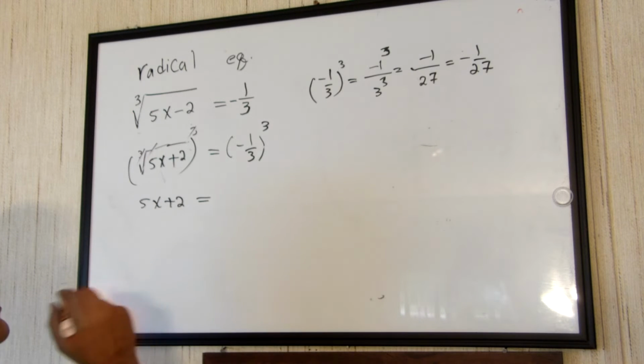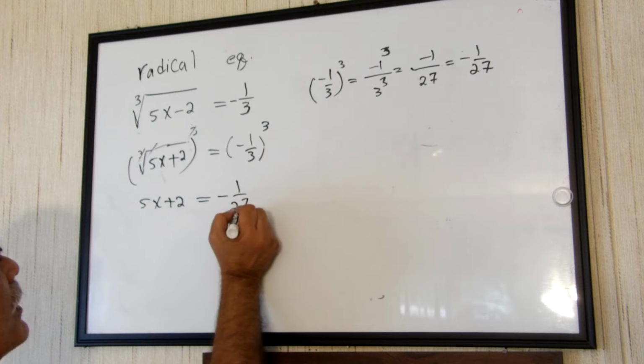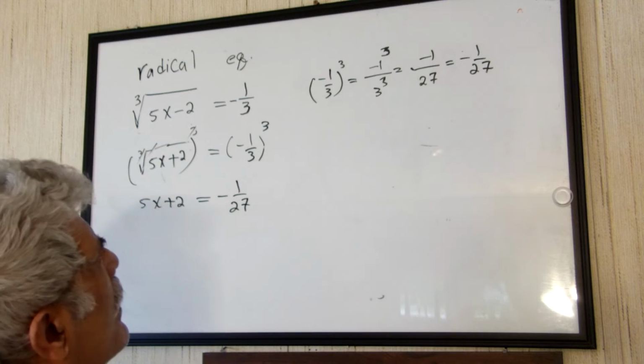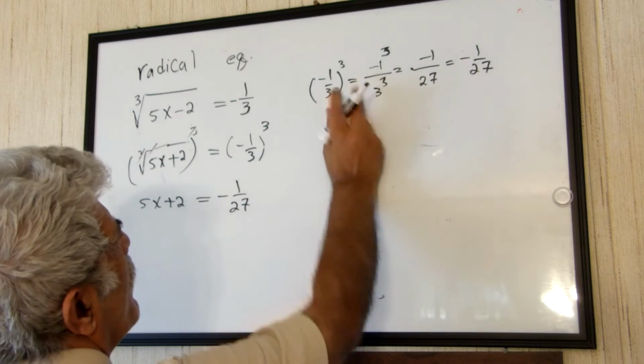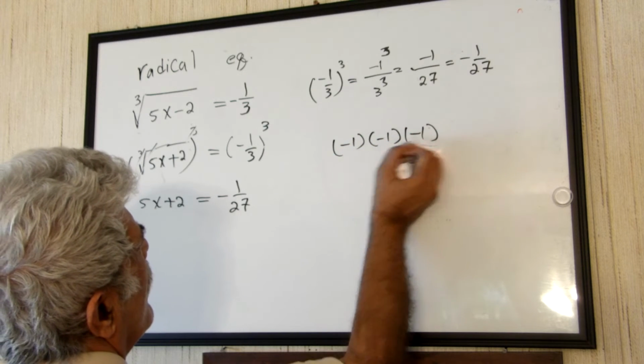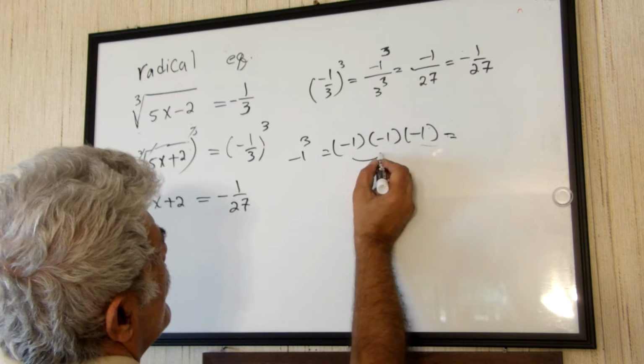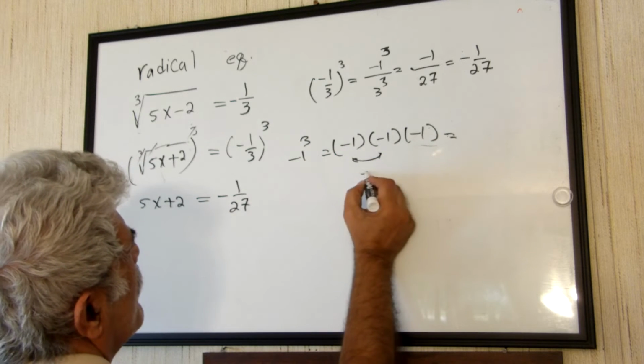So this is going to be minus 1 over 27. Because if you multiply minus 1 three times, minus 1, minus 1, minus 1, which is minus 1 to the power of 3, this one times this one is going to be plus 1.